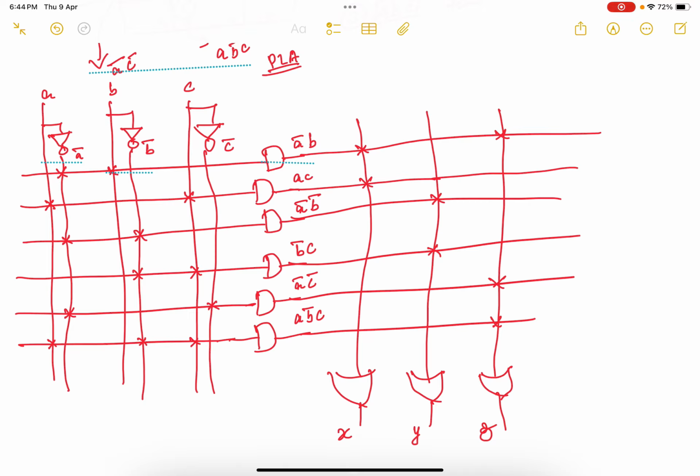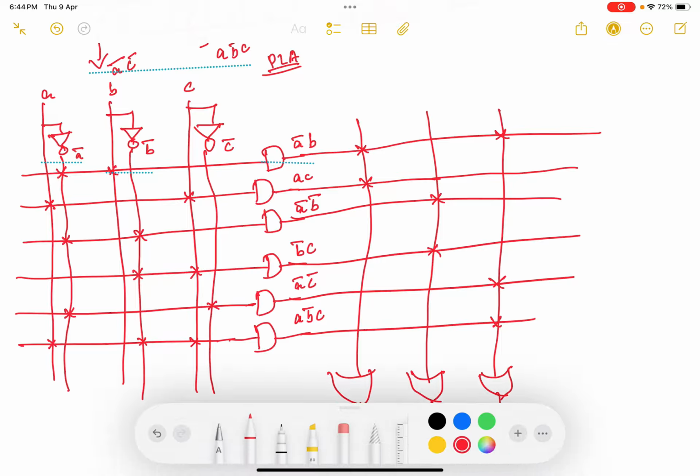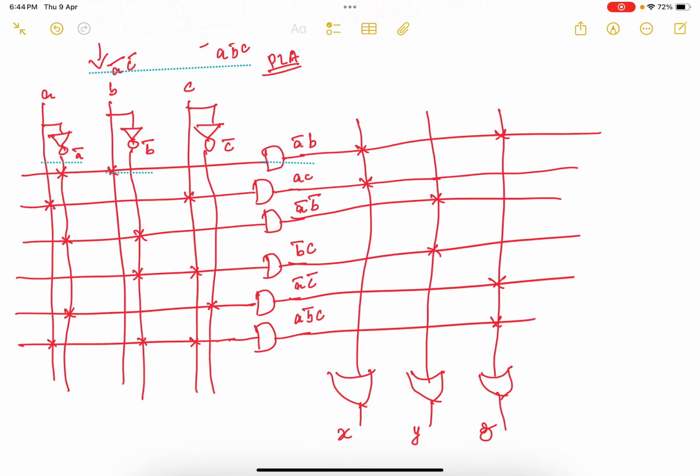Now for the same question, how to implement using PAL? Like I have already told you, what you want to do is just replicate this particular concept. I will go with some other color so that it will be easy for you to understand.